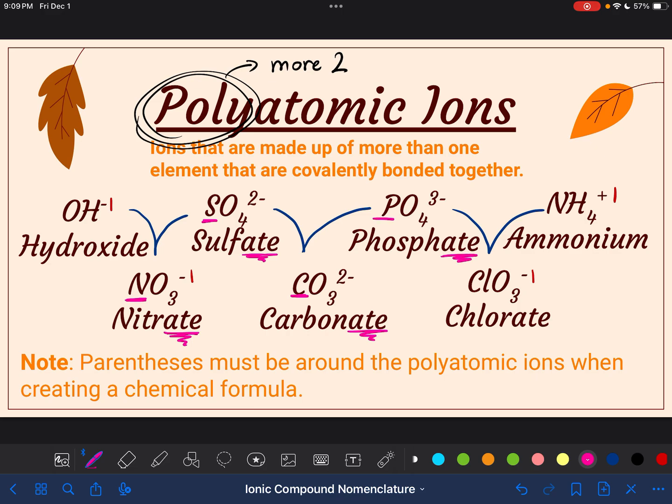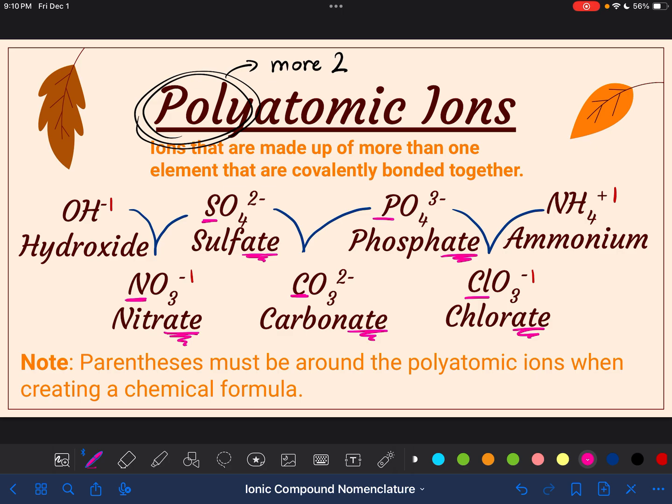Phosphorus, ATE. Chlorine, ATE. So those 5 specific ones are easy to figure out, but the rest, hydroxide and ammonium, that's just something you have to memorize. If you want, you can definitely double check from any other sources. If there's any other easier way to remember the polyatomic ions, go for it.